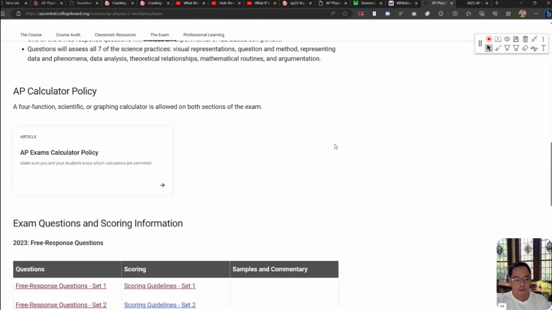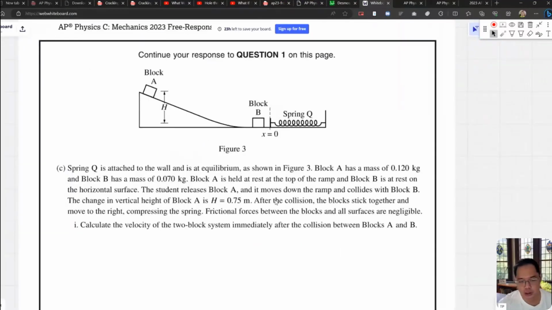Paper 1, the spring Q is attached to the wall and it is at equilibrium as shown in figure 3. The block A has a mass of 0.12 kilogram and the block B has a mass of 0.07 kilograms. The block A is held at rest at the top of the ramp and the block B at rest on the horizontal surface. Now there are two different blocks, one on the ramp and the other at the bottom on the surface in front of the spring.